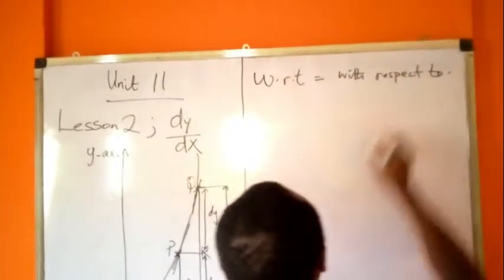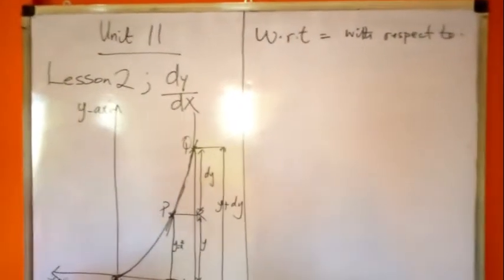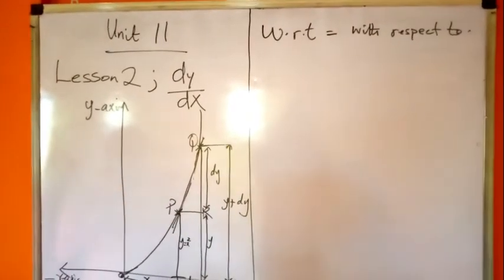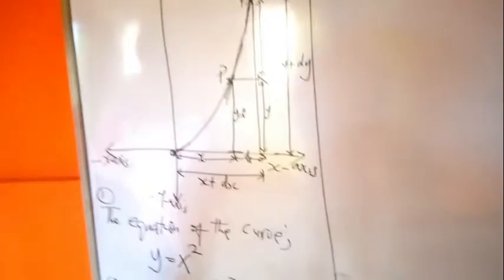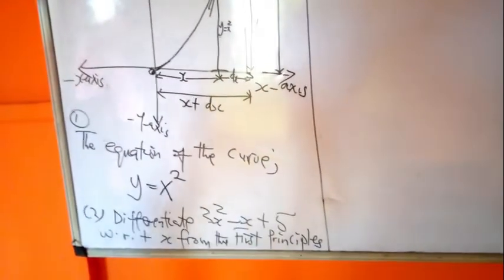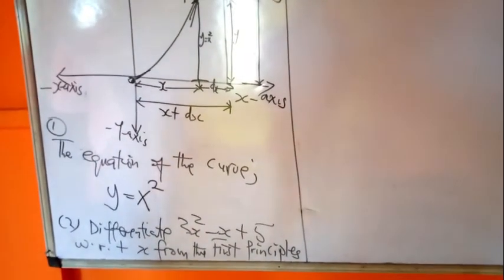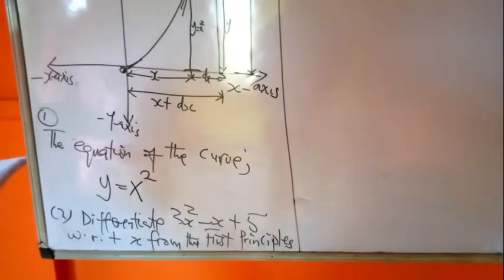So w.r.t. is with respect to. So when you see this acronym, know that it is with respect to. So differentiate 3x squared minus x plus 5 with respect to x from the first principles.